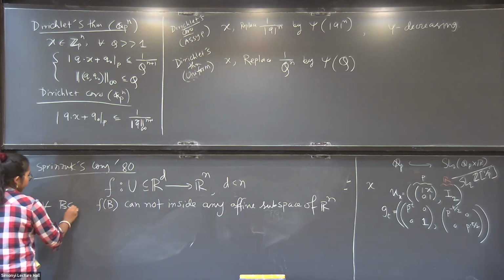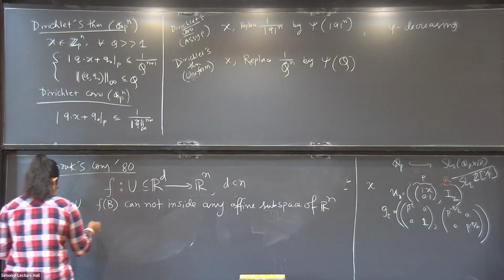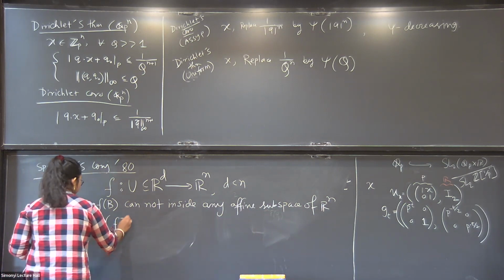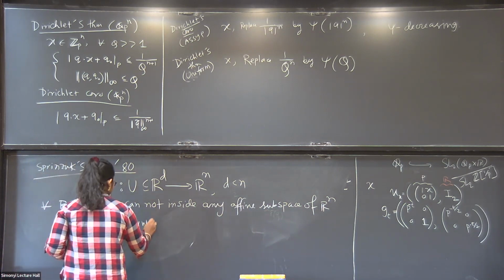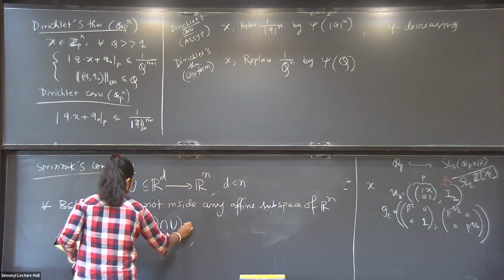So if you look at any local part of your manifold, it should not be flat. Then the same conclusion as before should be true: f inverse of the very well approximable set intersected with U must have measure 0.